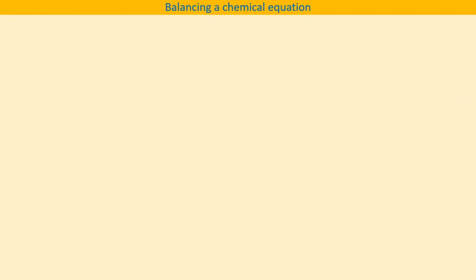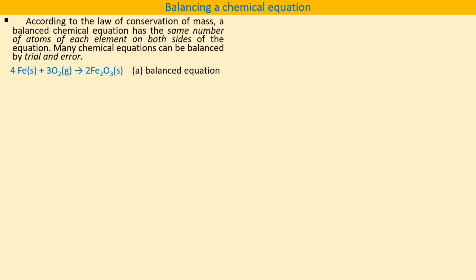Balancing a chemical equation. According to the law of conservation of mass, a balanced chemical equation has the same number of atoms of each element on both sides, that is left hand side as well as right hand side of an equation. So let us take a reaction of a few metals and non-metals with oxygen to give oxides.